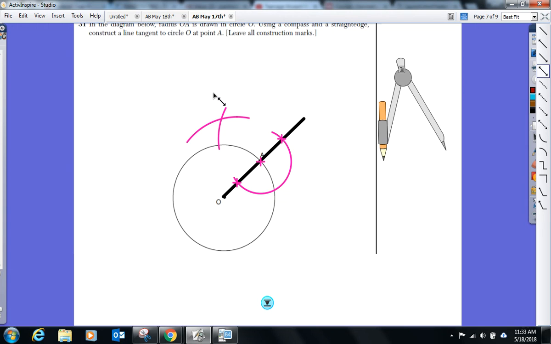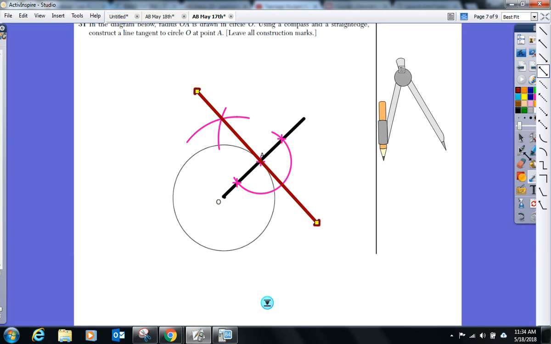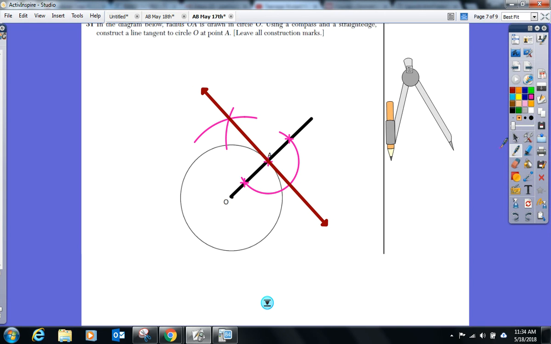It says construct a line tangent, not a segment, not a ray, a line. So put some arrows on that bad boy. Questions at all? All right, let's go to the next one.